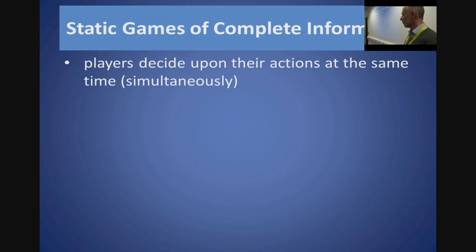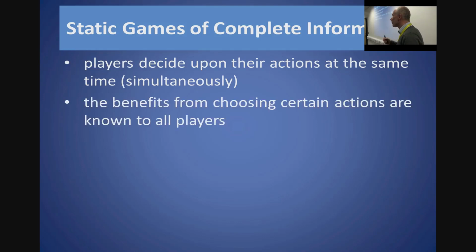But we're also going to look at these static games where the players involved also know perfectly the benefits that accrue to choosing certain actions. And they know not only the benefits that accrue to them, they also know the benefits that all other players in the game get from choosing a certain course of action.